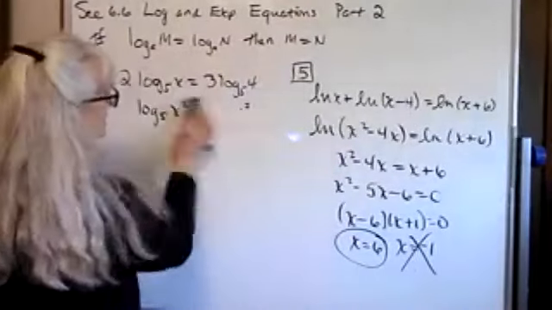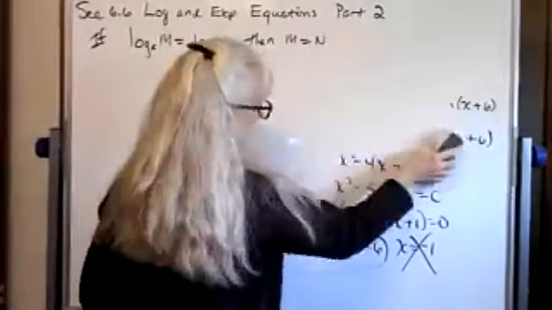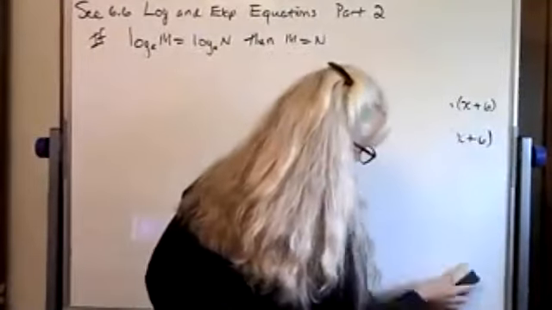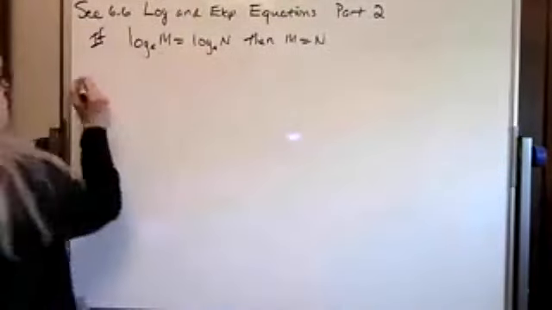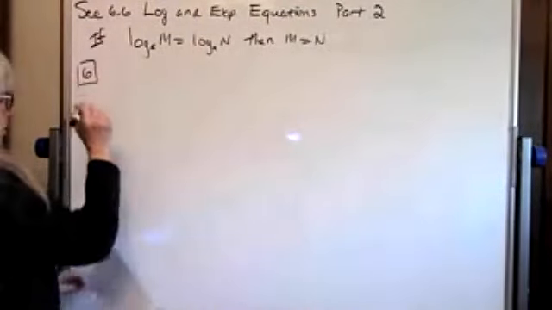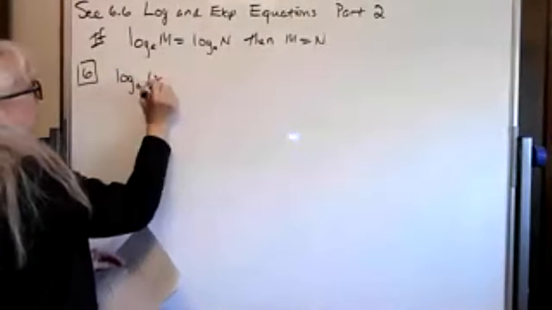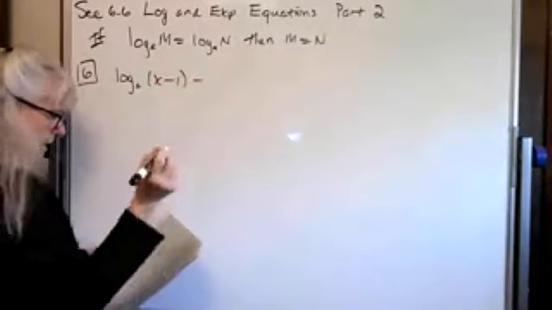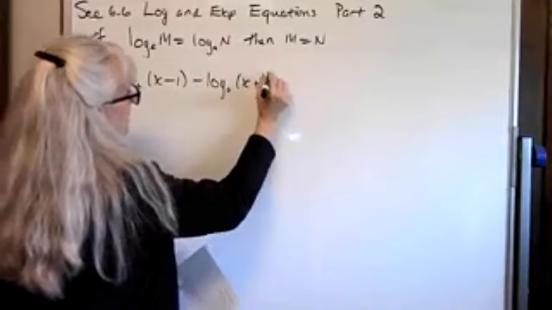Okay, one more of this type. Example 6. A little bit longer to get on the board. We have log base A of the quantity x minus 1 minus log base A of the quantity x plus 6.